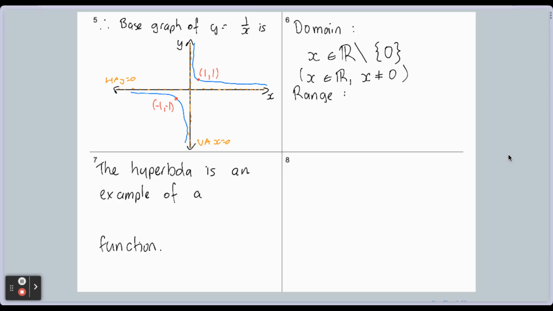What's the range then? Who could write it in? I've got my iPad ready for you. The range is the set of output values. It's all possible y values that the function exists for.